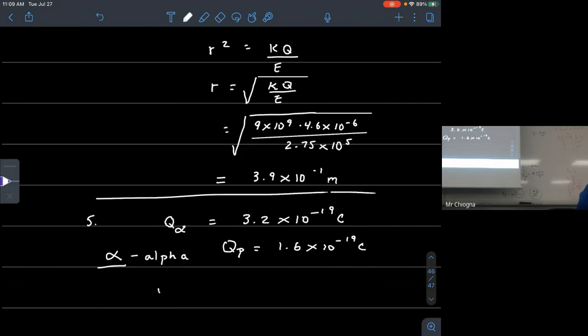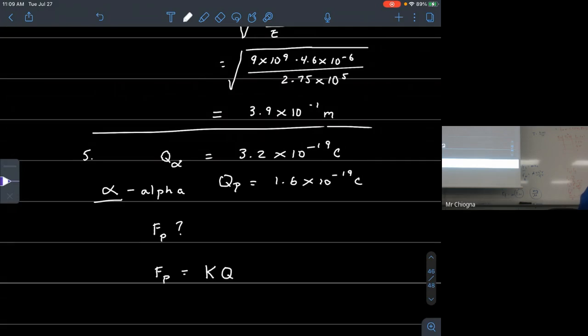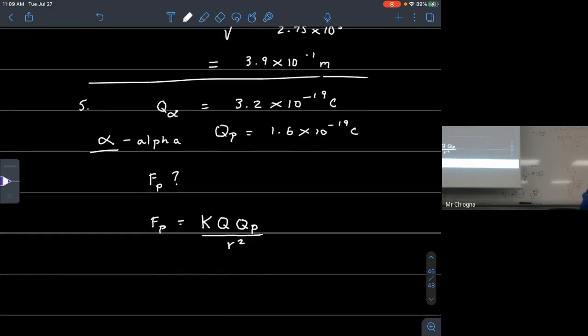Okay, so let's look at the force acting on a proton. What is it? That's right, the force acting on a proton. What is it equal to? K Q, Q proton. That's the force on a proton.